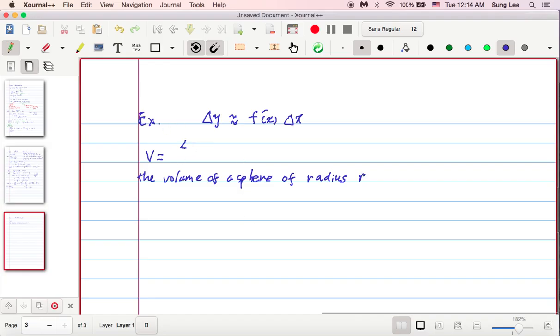As you know, that's going to be 4/3 pi r cubed, right? So that's the volume formula.